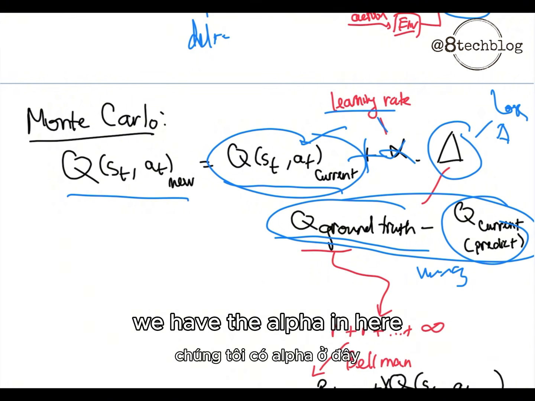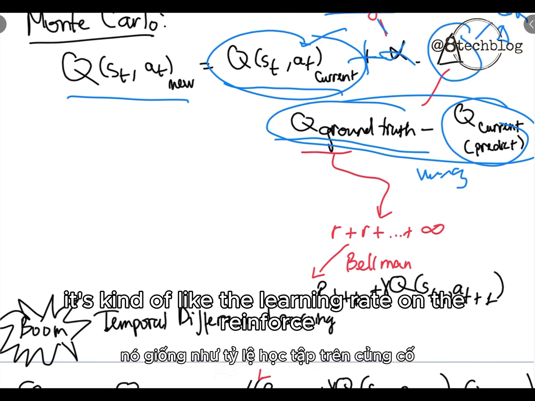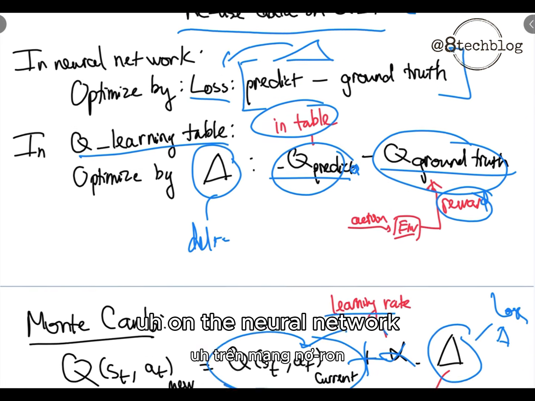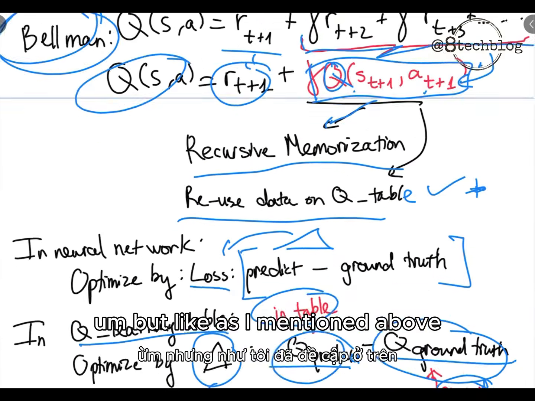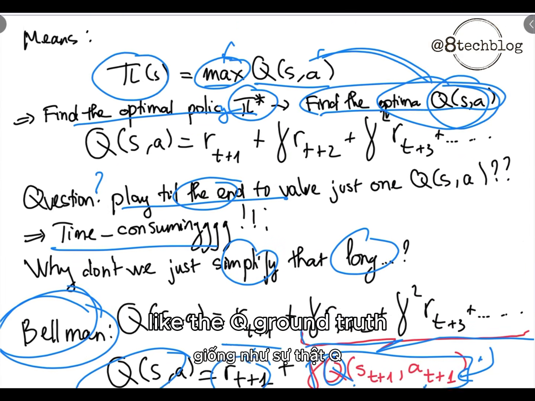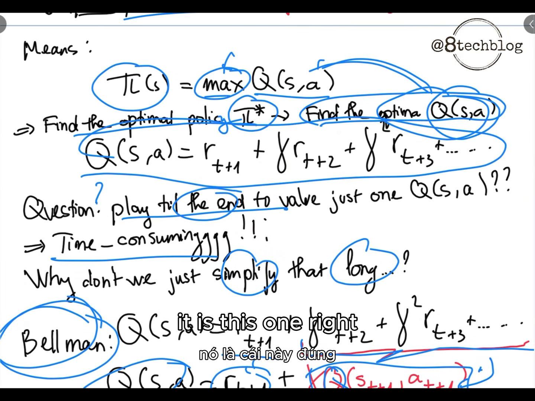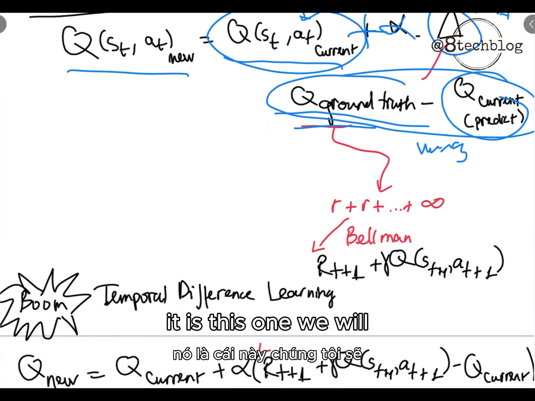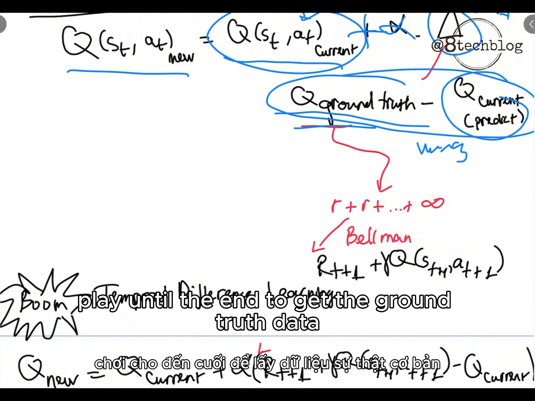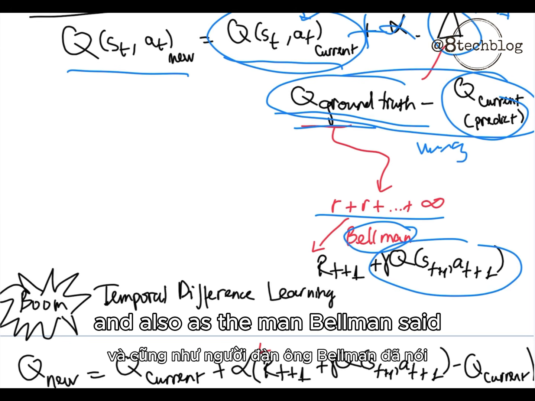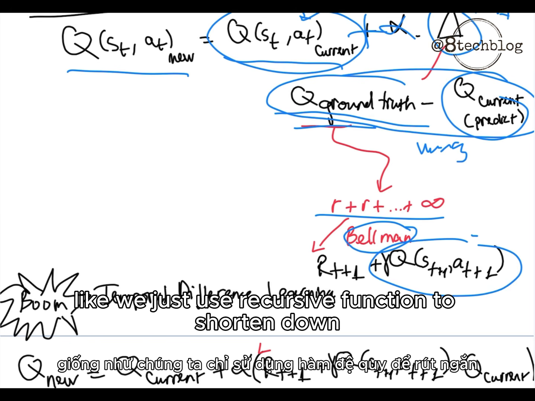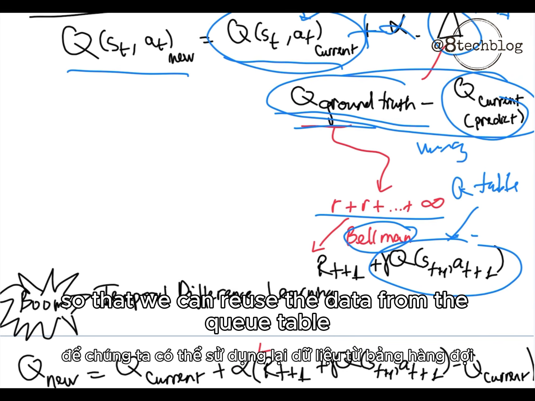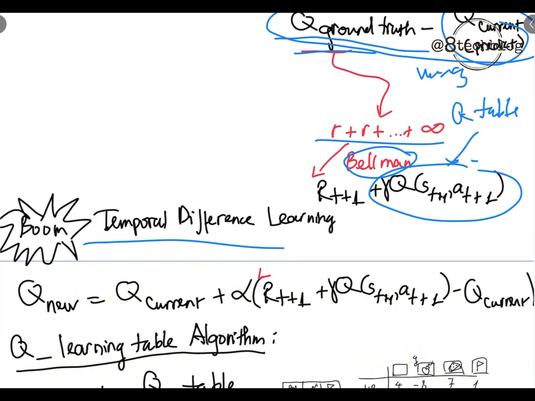And in this one, we have the alpha, which is kind of like the learning rate in a neural network. But as I mentioned above, the Q return is this one, right? They will continue to play until the end to get the return data. And also, as Bellman said, we just use a recursive function to shorten it so that we can reuse the data from the Q table, and that's it.